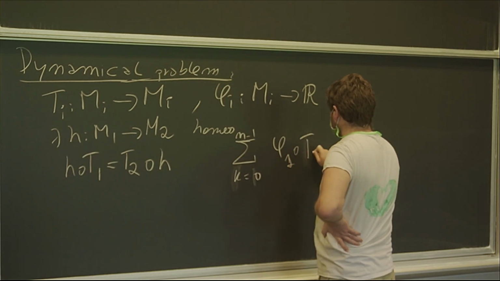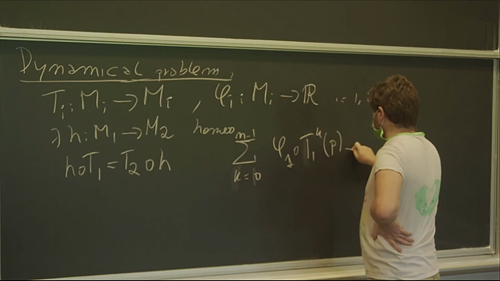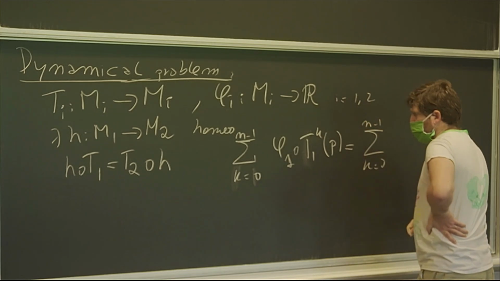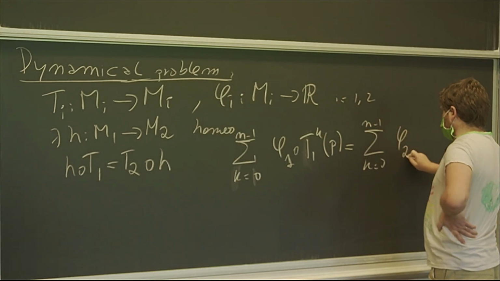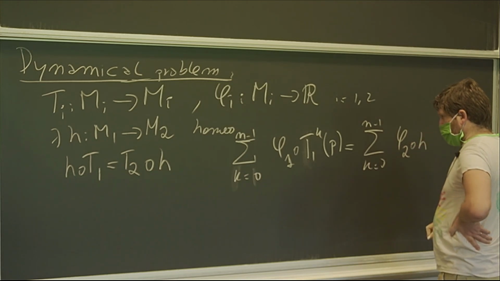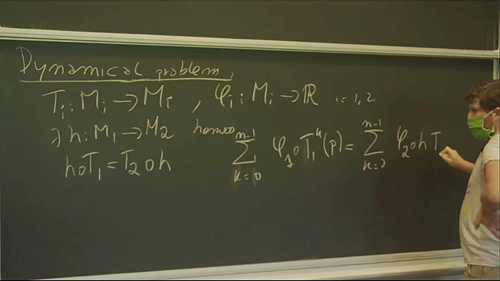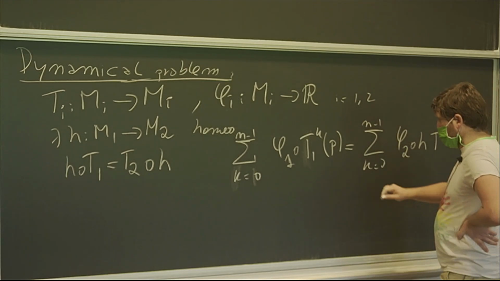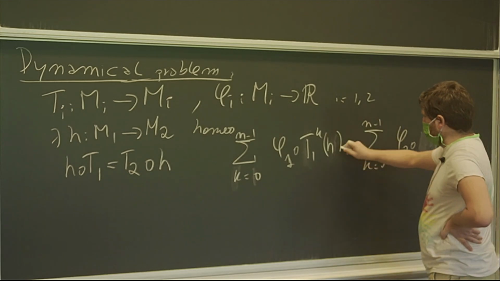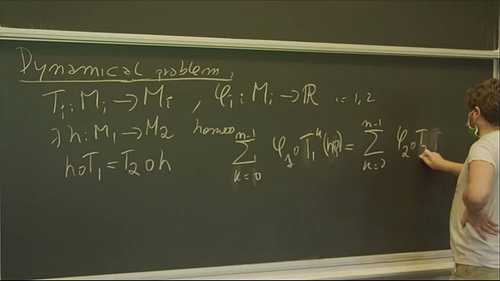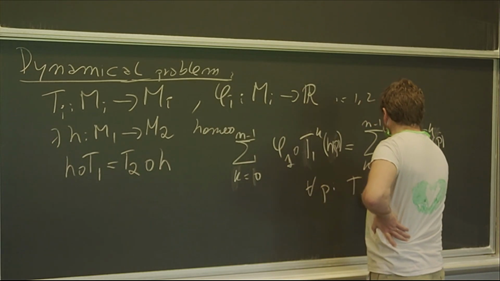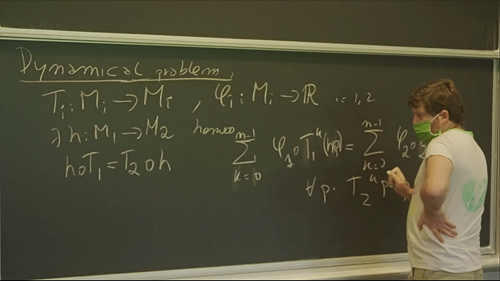The sum of phi 1 along T1^k of p is the same as the sum of phi 2 along the corresponding orbit, composed with H and then H composed with T2. For every p such that T2^k of p equals p.